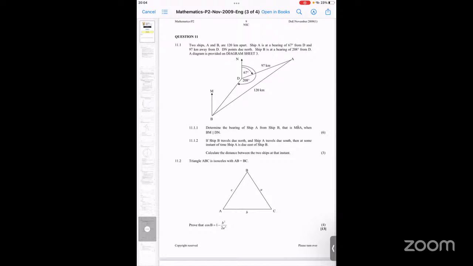And ship B is at a bearing of 208 degrees from D.